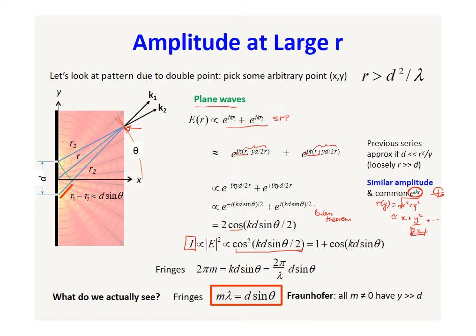And as we saw before, remember we came up with a path difference of d sine theta. If we want to turn the path difference into a phase difference, we just multiply that by k. We will see fringes every time that phase difference is equal to an integer multiple of 2 pi m. So this is the expression here that we can use to find out where the bright fringes are located.